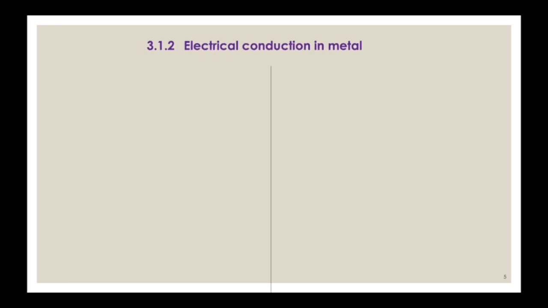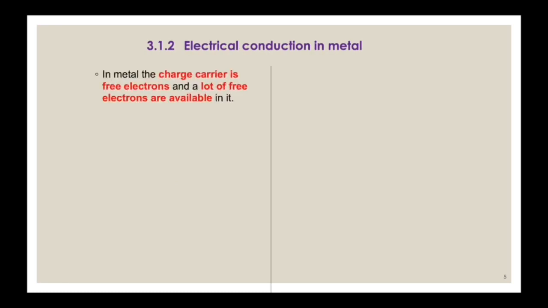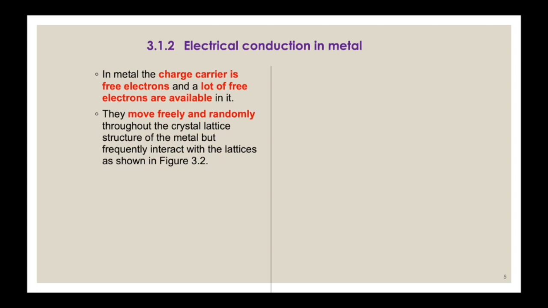For electrical conduction in metal, the charge carriers are free electrons, and a lot of free electrons are available. Every metal has free electrons inside, and they move freely and randomly, like in this figure.